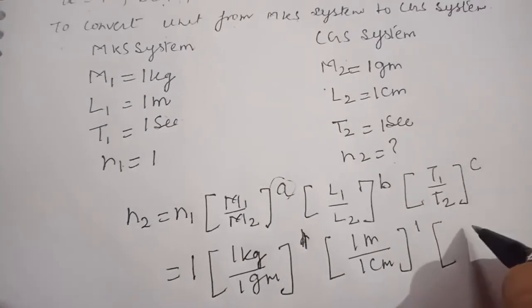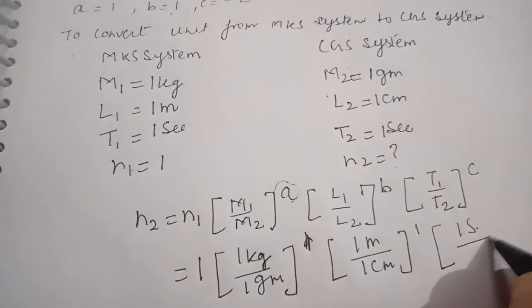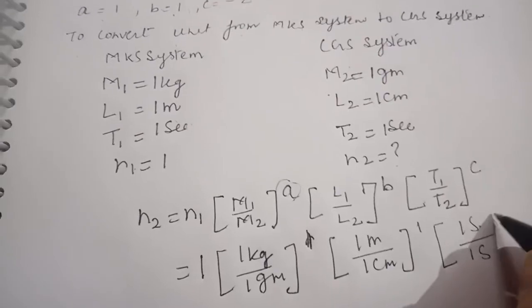And 1 second divided by 1 second to the power C, which is minus 2.